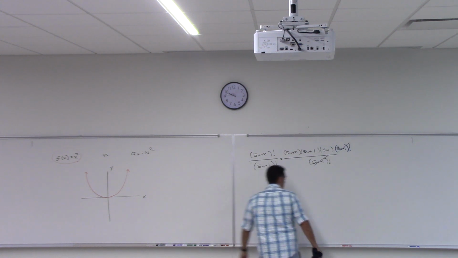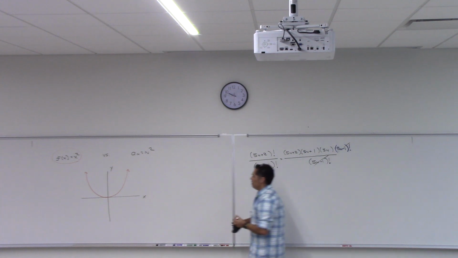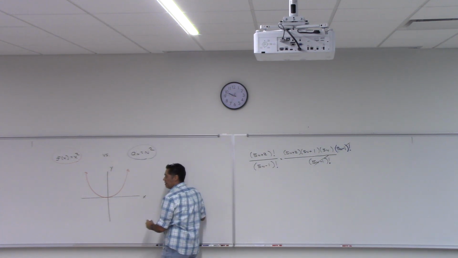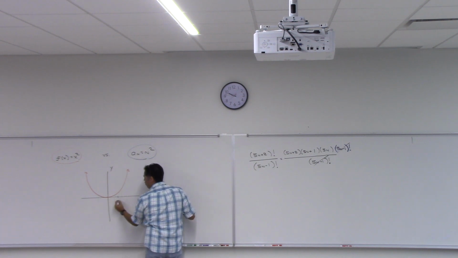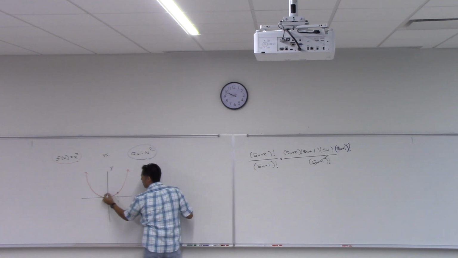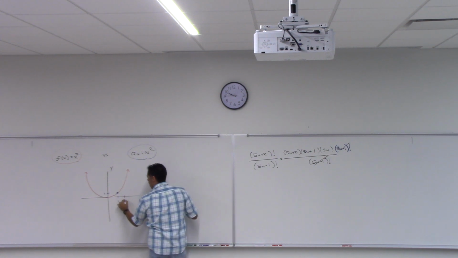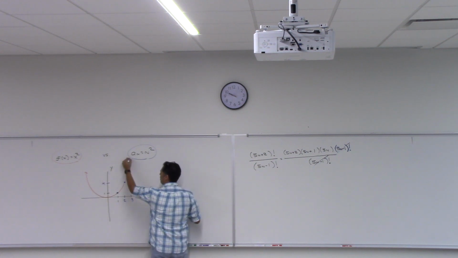The sequence, on the other hand, is not a nice continuous curve, is it? The sequence is just some points, right? When I plug in, where do we start here? 1. When I plug in 1, I get 1. So it's that dot right there. When I plug in 2, I get 4. And when I plug in 3, I get 9, right?